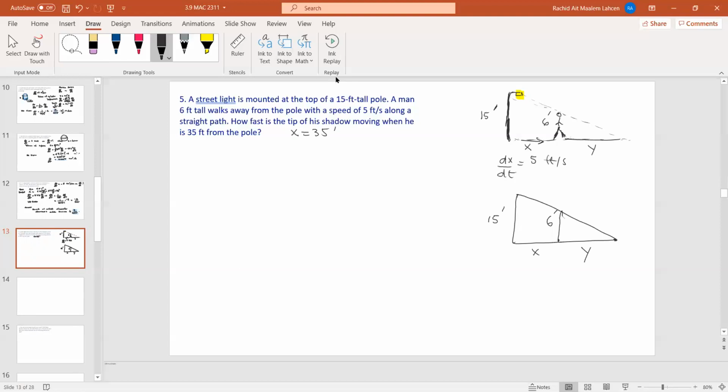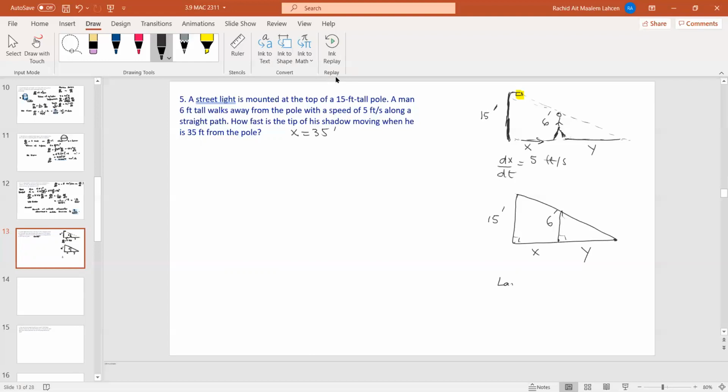If we look at it, the traditional example of related rates uses the Pythagorean theorem, x squared plus y squared equals z squared, or a squared plus b squared equals c squared. This one does not look like it. It looks like you have a big triangle and a small triangle.